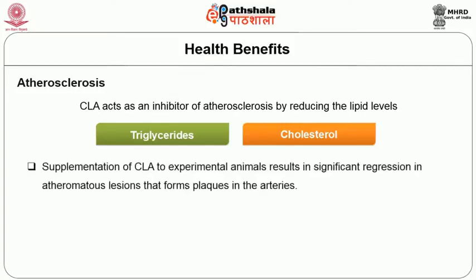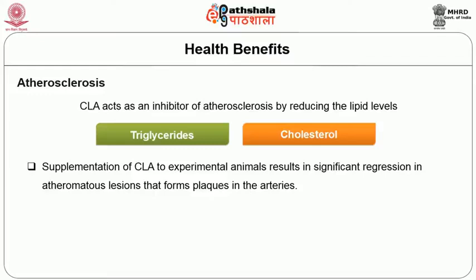Supplementation of conjugated linoleic acid to experimental animals results in significant regression in atheromatous lesions that form plaques in the arteries. When a cardiac arrest, actually a heart attack, comes, basically plaques have formed in the arteries. These plaques are aggregates of lipid moieties, and when the blood supply is inhibited, there will be a problem for the heart.